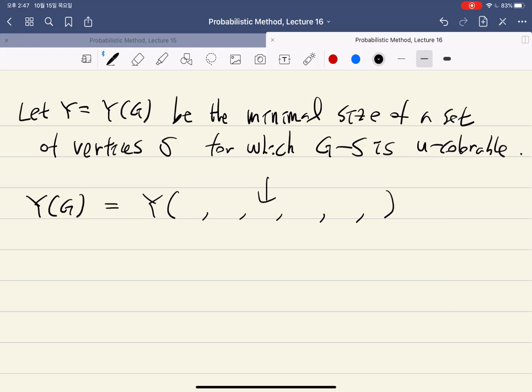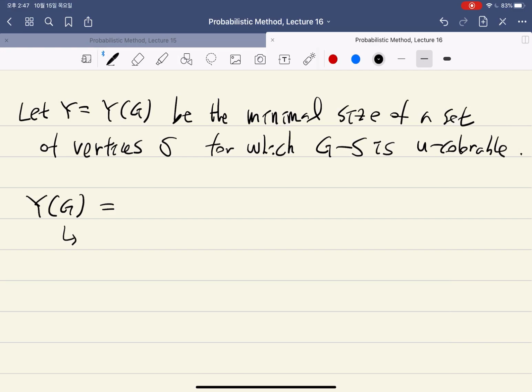More specifically, this can be considered as vertex Lipschitz. As I mentioned, this random graph G is the same as a collection of independent random variables.